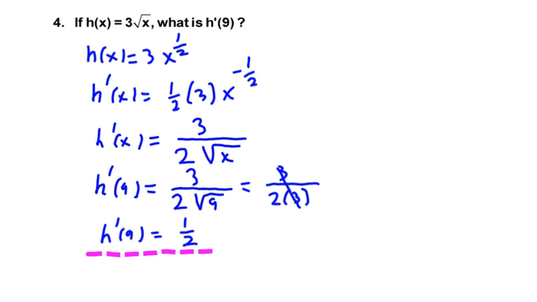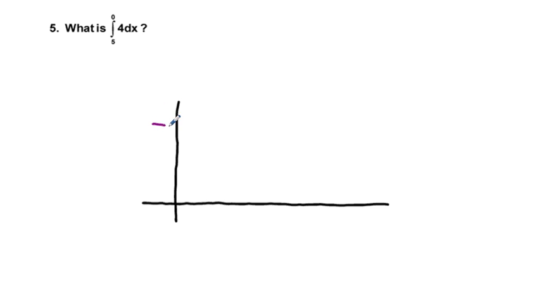And now the last one in this quiz is going to be problem 5. What is the integral from 5 to 0 of 4 dx? And for that, what this graphically looks like is, okay, we have this equation here, it's going to be y equals 4. And we're evaluating the area here between x equals 5 and 0.